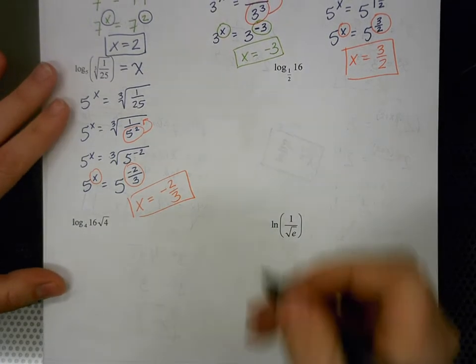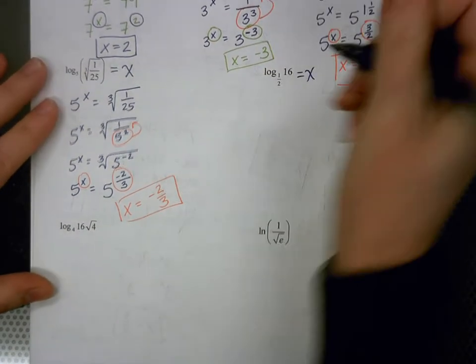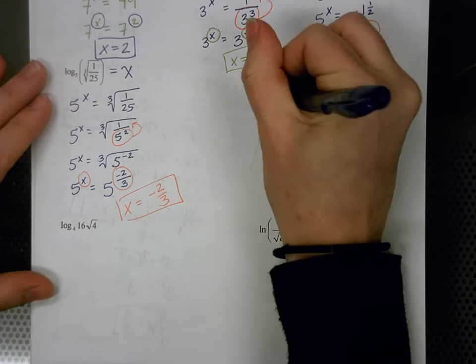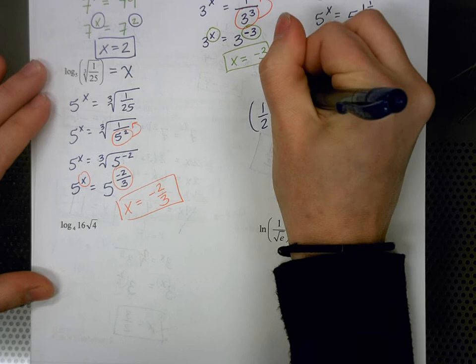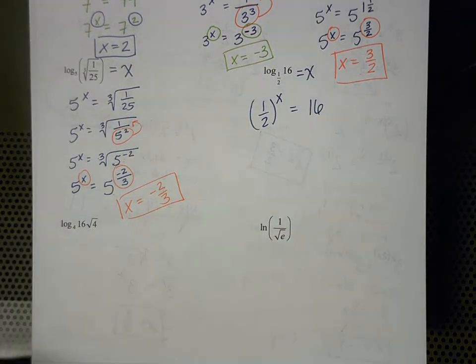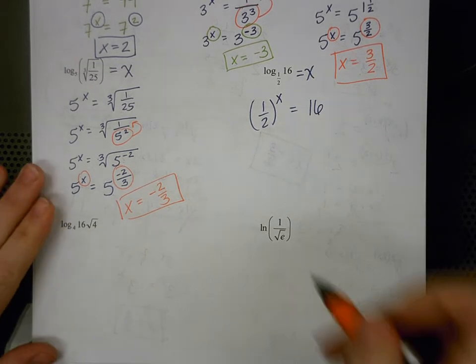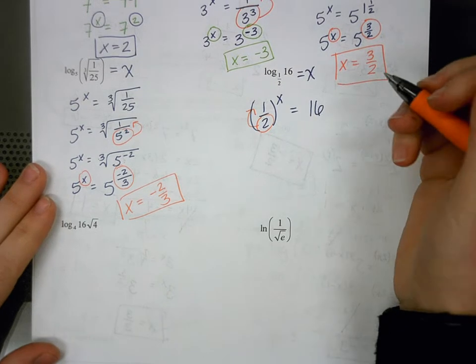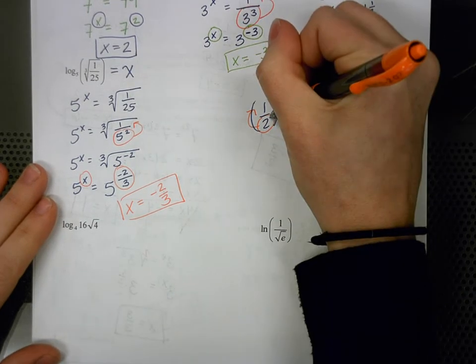Okay, next one. Remember, set it equal to x, because the logarithm means, what power do you raise 1/2 to get 16? All right. Whenever we see these fractions, we want to move them across the fraction line. That means my exponent becomes negative. What exponent is here to start with?